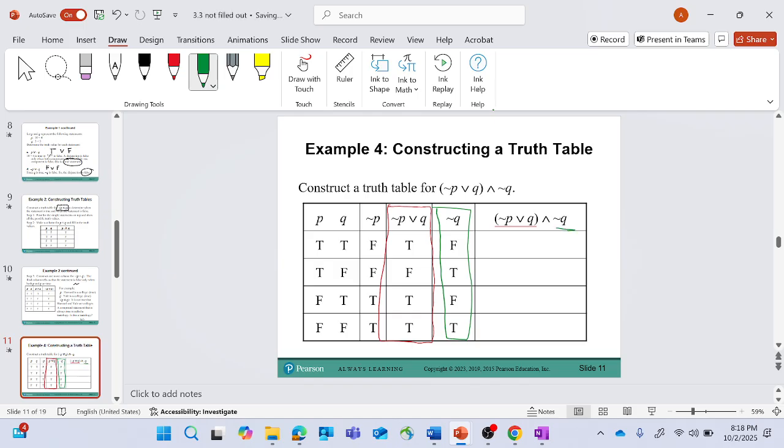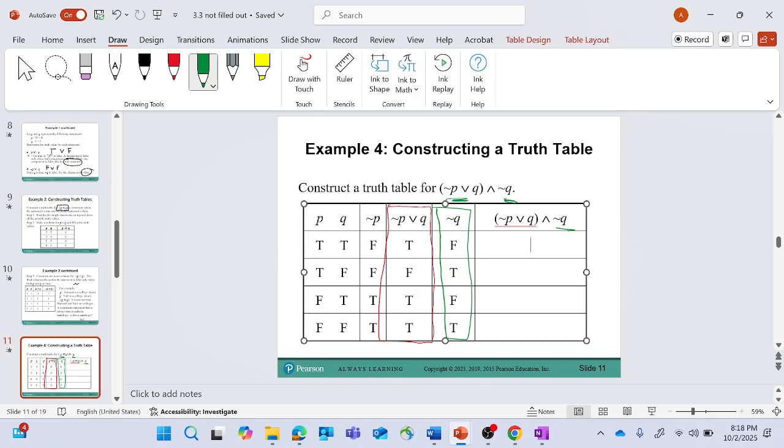I'm talking about these two statements, not P or Q and not Q. So if I want to figure out the truth value of this last column, what we did before is we kind of took out every individual part because I want to figure out ultimately, well, what is the truth value of not P or Q and the truth value of not Q and combine it at the end. So because it's an and statement, I need both of these statements to be true at the same time for this last one to be true.